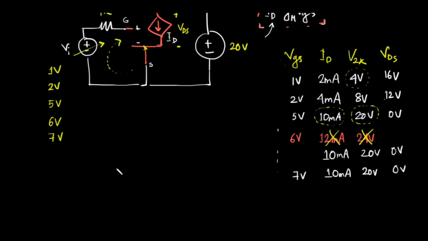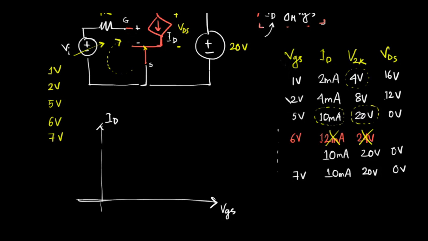So if I draw the transfer characteristics here, the y-axis is my ID and the x-axis is my V-in or VGS, whatever you please.